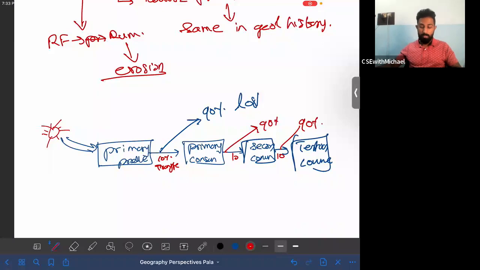Unlike the biogeochemical cycles, which are cyclic in nature, energy just transfers, moving from one organism to the other and never comes back.